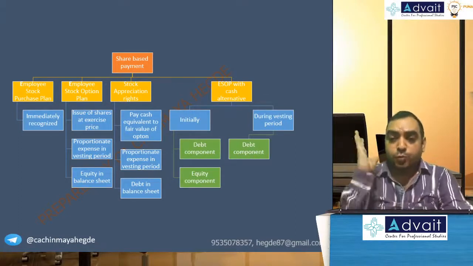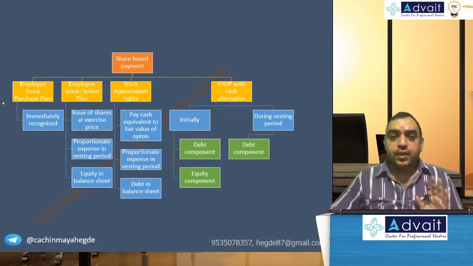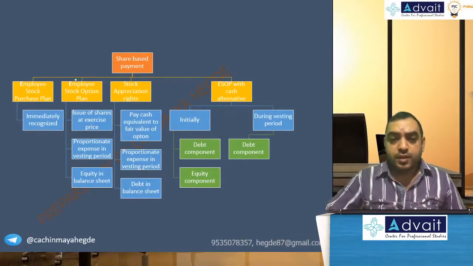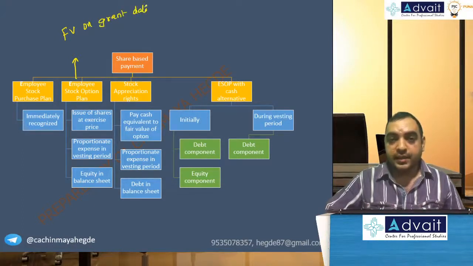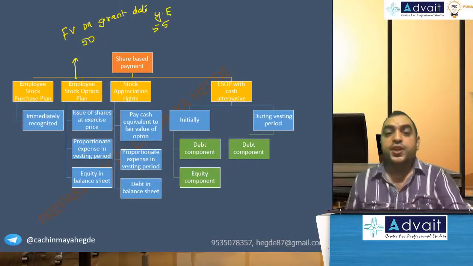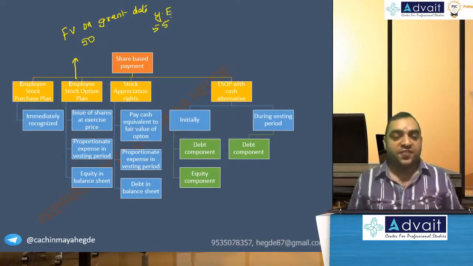Okay, now one more important point here. In an employee stock option plan, we recognize fair value on the grant date. If, let's say, it was 50 rupees and at year end it is 55 rupees, are we going to change the fair value?